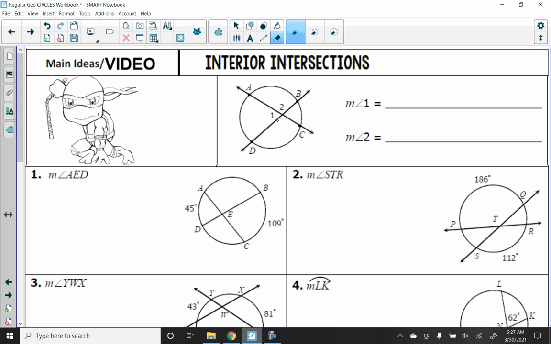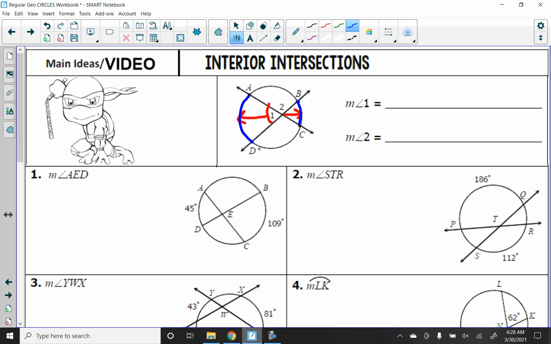So in these interior intersections, you have your angles on the inside, and you need to know that they're not central angles. This is not in the center. So we're going to focus on angle 1. Angle 1, I call a left-right angle in this picture, or a west-east angle, meaning it's associated with the right and left arcs.